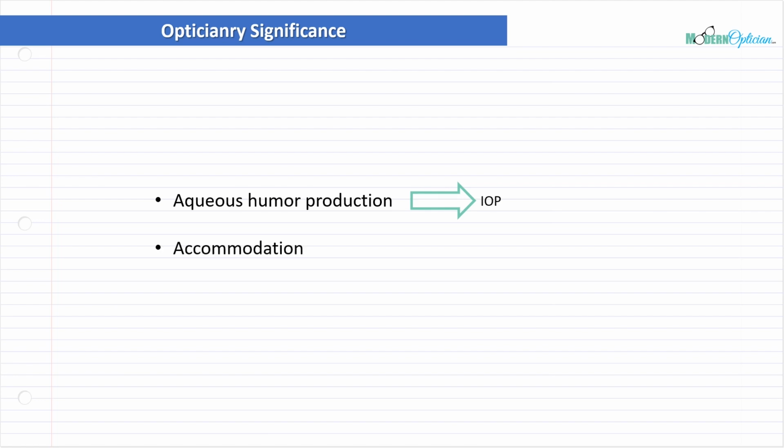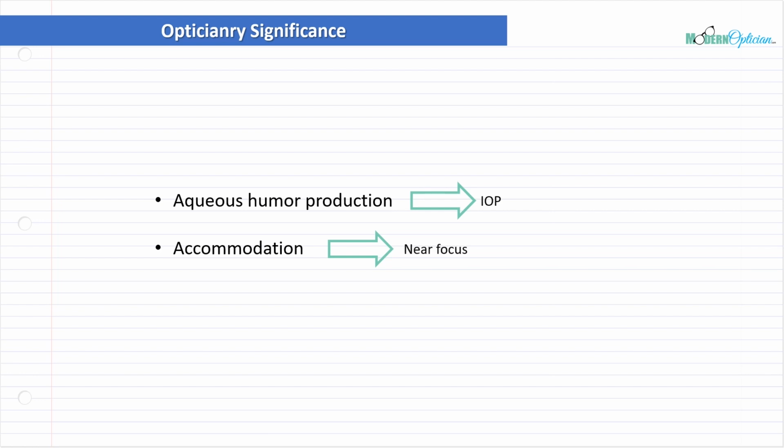And accommodation, like I mentioned, is a huge one. It is the bread and butter of what we do every single day. If you really understand accommodation, you will be better than all your peers. I honestly believe that understanding accommodation to a high degree will put you in the 1 percentile of opticians. Bold claim, but I really mean it. And I'm going to go over accommodation in more detail soon. I want you guys to really be experts on this, because it is extremely important.